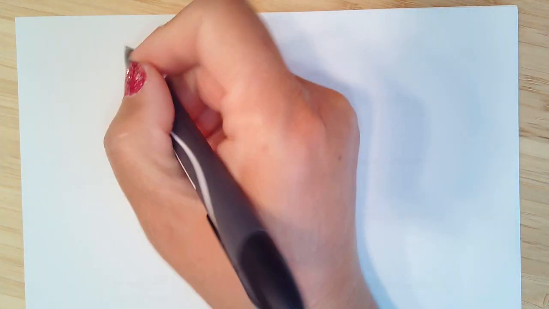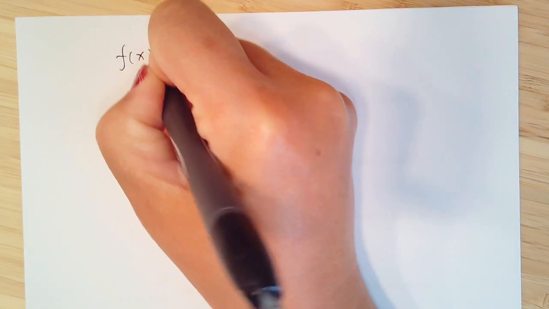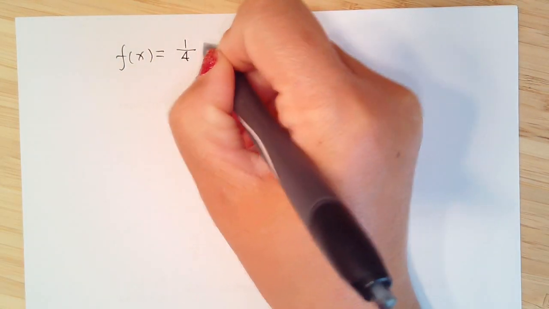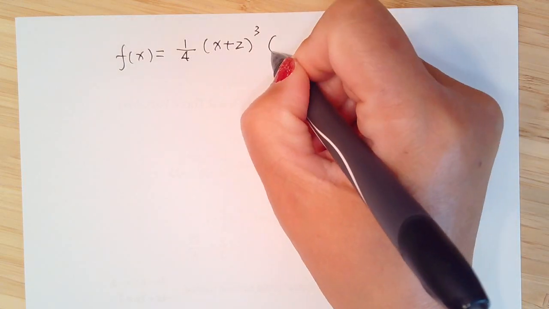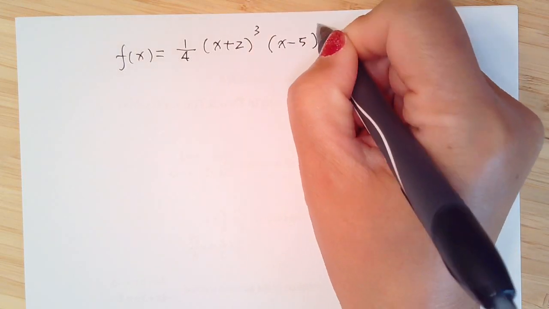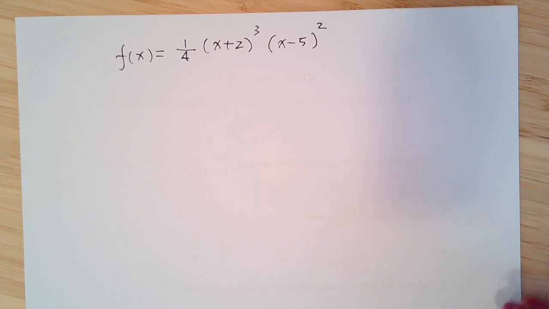All right, now let's look at this function. f of x equals 1/4 times (x plus 2) cubed times (x minus 5) squared. This is a polynomial function. What is the degree of this polynomial function?